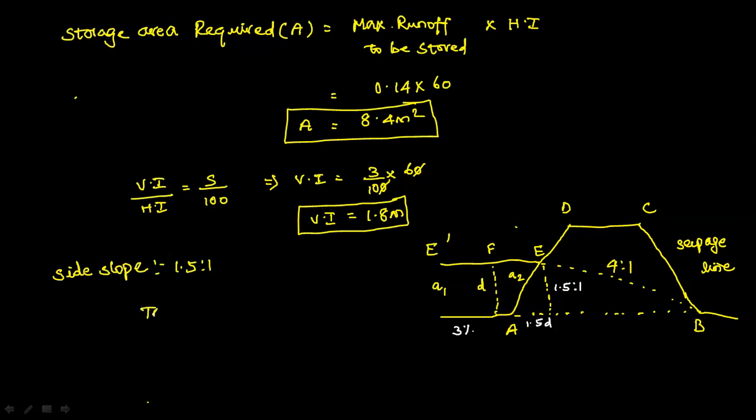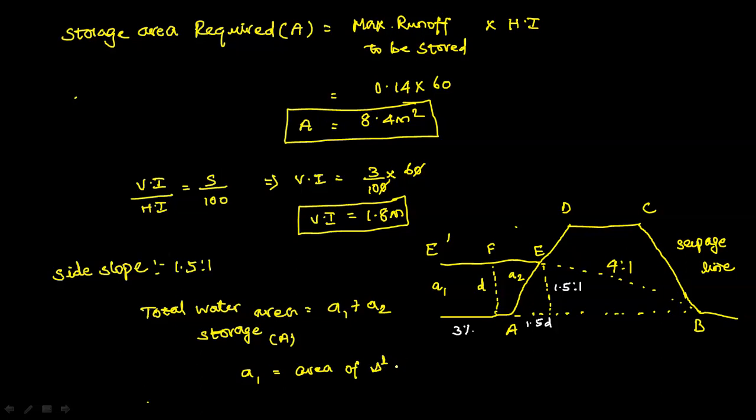So the total water storage area is equal to A1 plus A2, which is nothing but A. For A1 we use the area of triangle AFE dash, and A2 we have taken as area of triangle AFE.